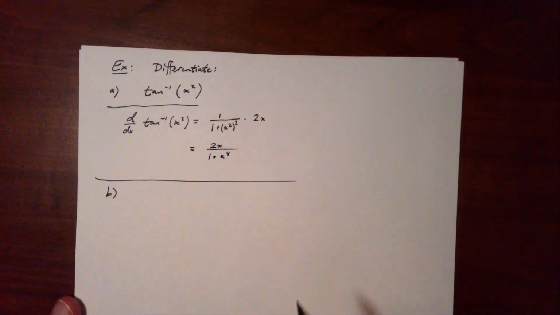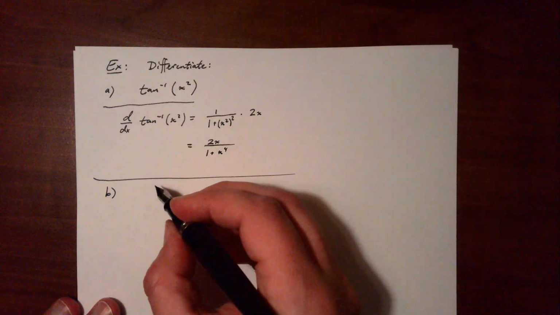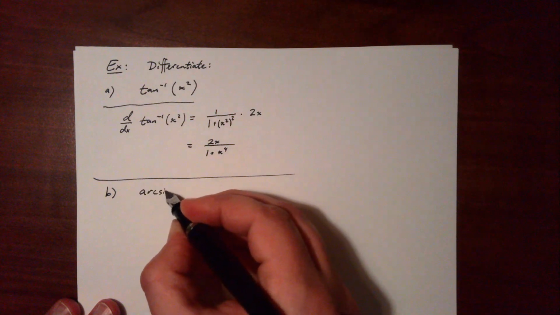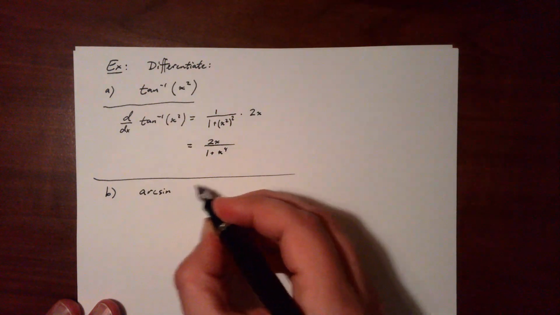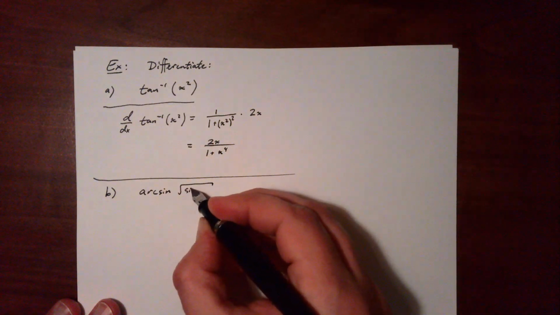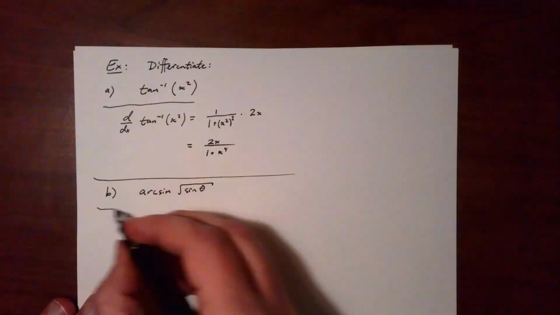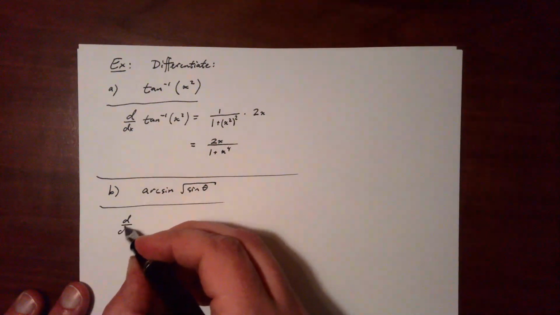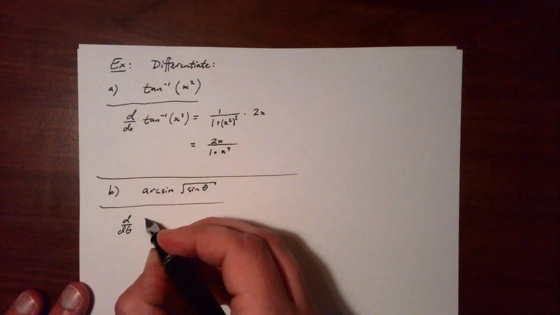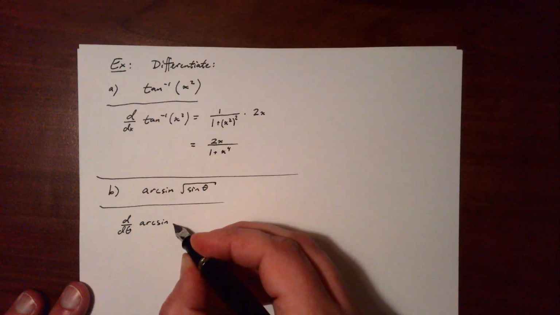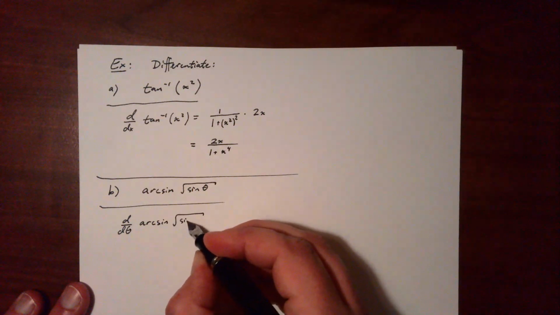And just as another example, if I wanted to do the derivative of the arc sine, so just remember these are also just alternative pieces of notation for the same functions, arc sine of the square root of sine of theta. So now the variable is theta, so the derivative with respect to theta of arc sine square root of sine of theta.